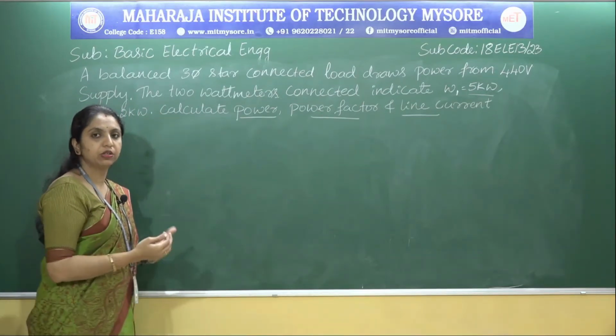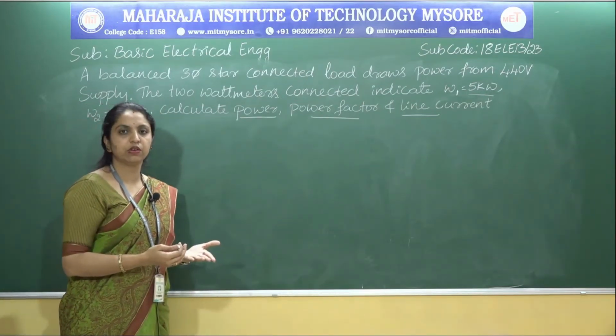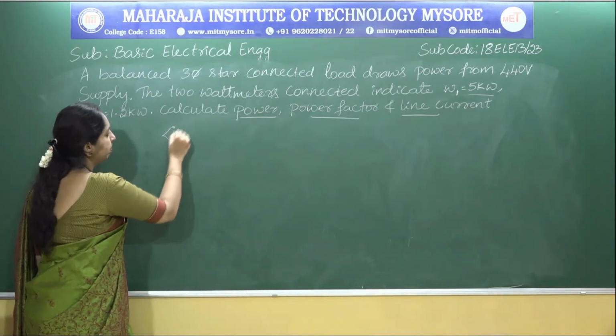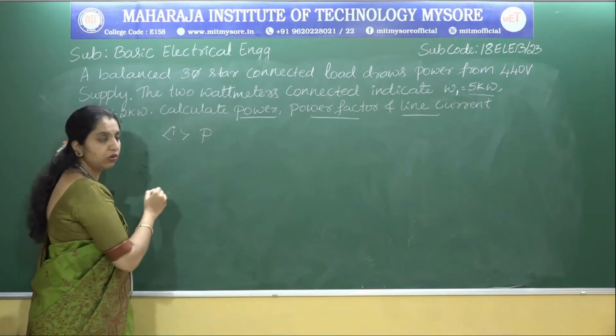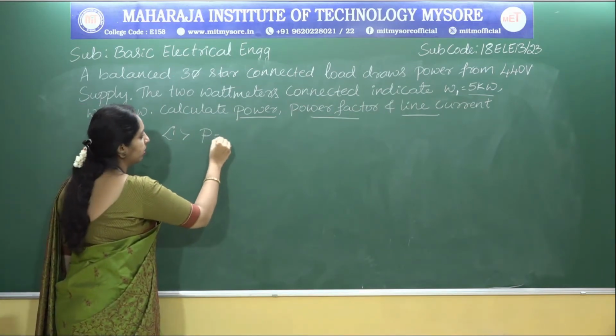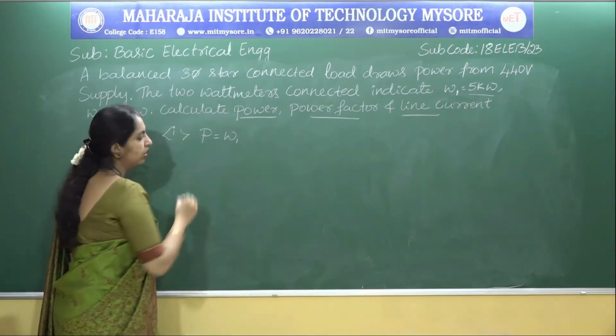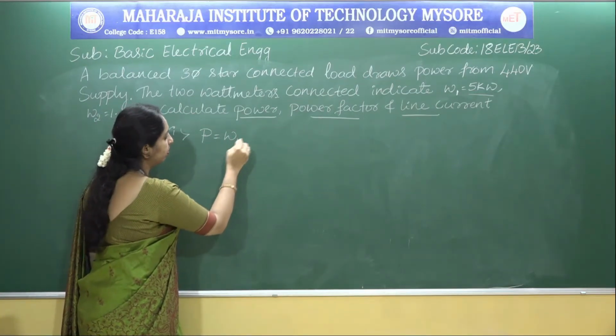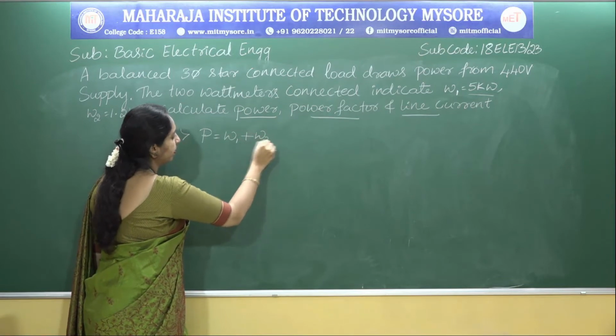The first part is to find out the power. How do we find the total power in a 3-phase circuit, whether star or delta? We know that the total power is equal to the summation of the wattmeter readings, W1 and W2.